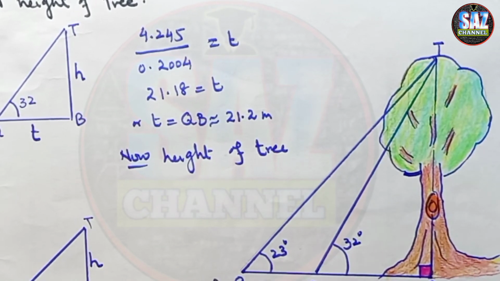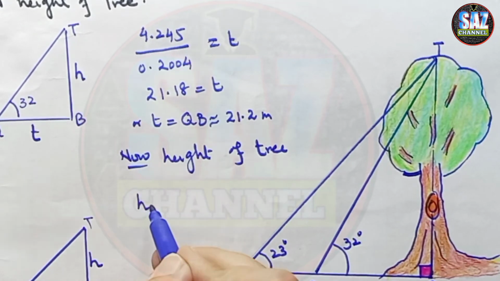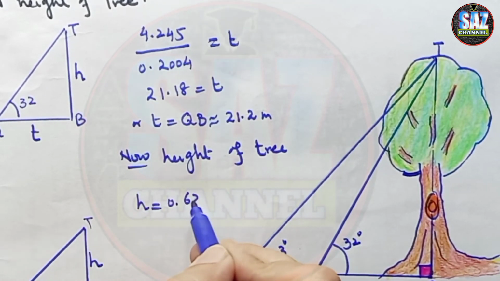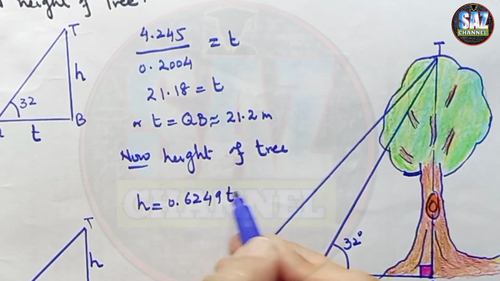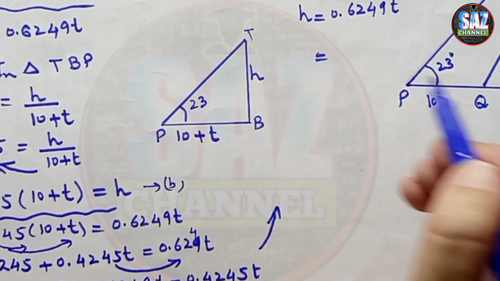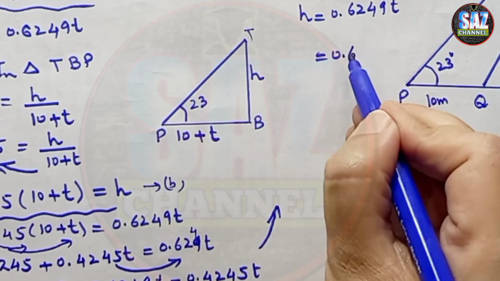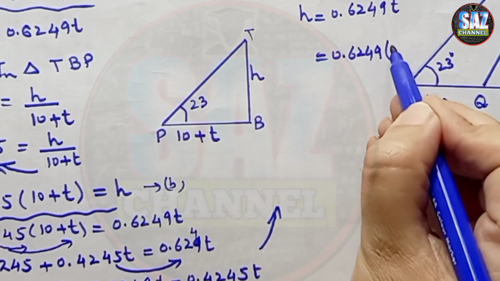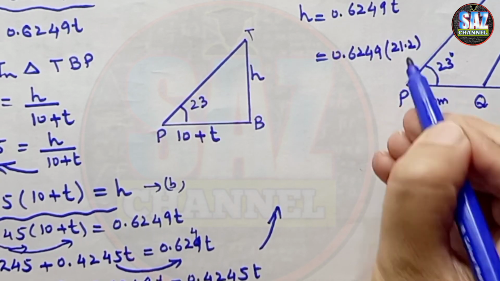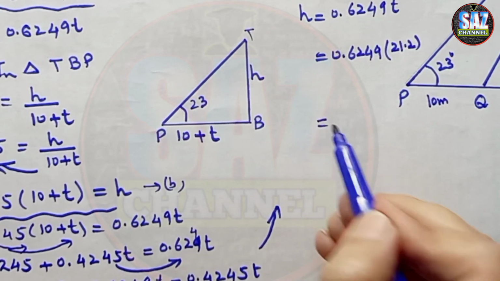So I will be taking h equals 0.6249 into t. Now instead of t, we are going to put 21.2, because t has the value 21.2.